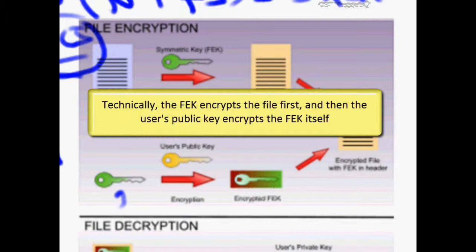The user's public key encrypts the FEK, and then the FEK performs symmetric, or much faster, encryption on the plain text file. At the end of the process you wind up with a file that is protected, that's been encrypted with the file encryption key, the key that unlocks that file, so to speak. In other words, the FEK does decryption as well, riding herd with the file in the file header.